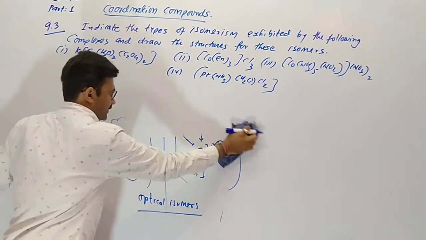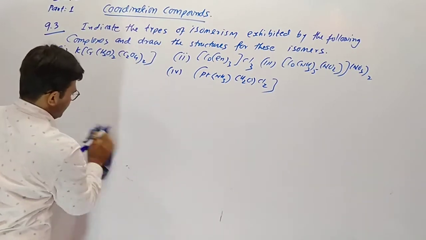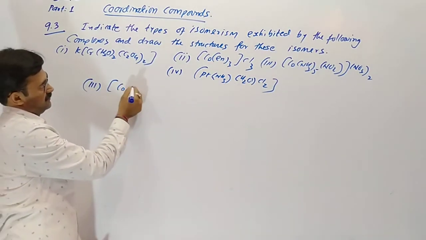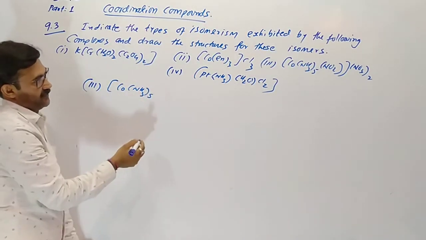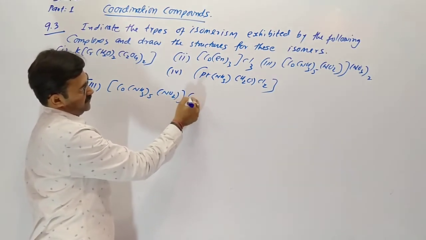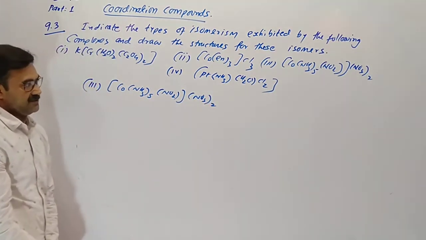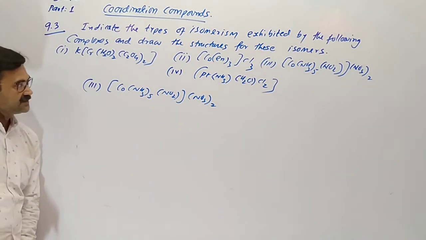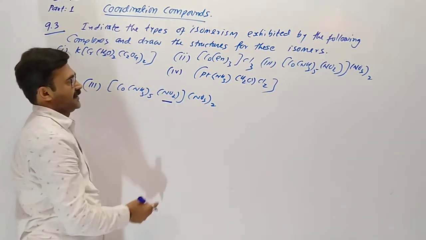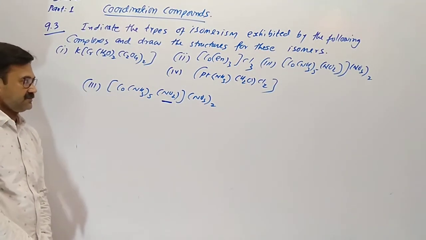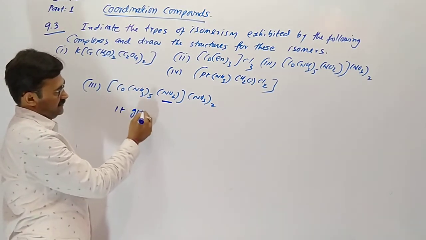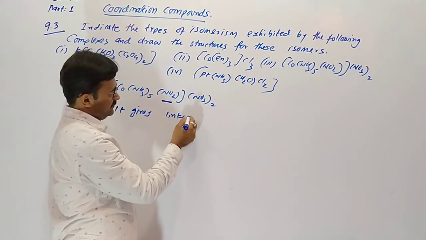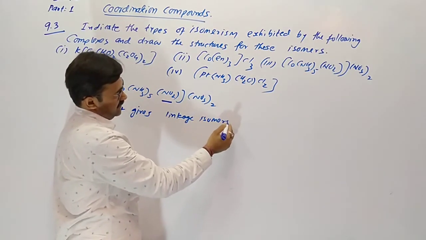What about the third one? You can see in the third one, [Co(NH3)5(NO2)](NO3)2. Here NO2 is ambidentate, so it gives linkage isomers.